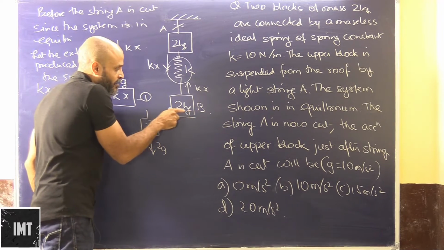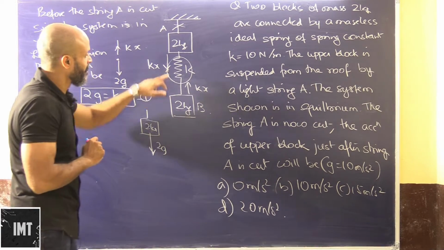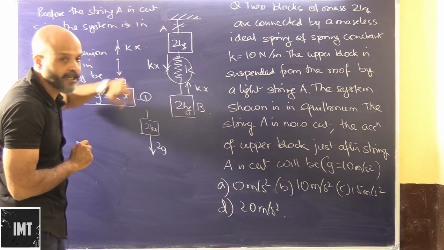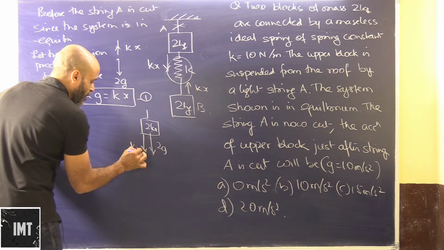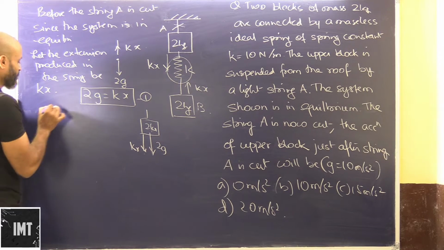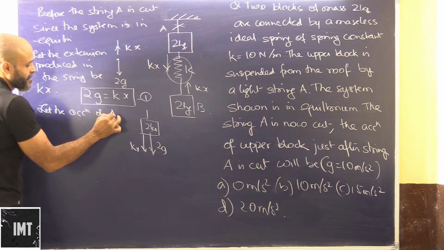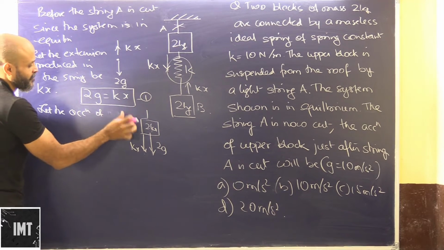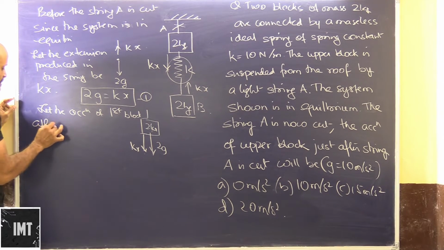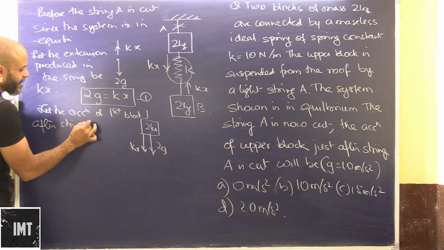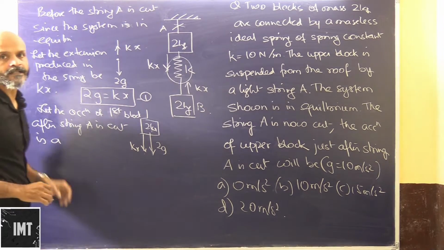Kx will be exerted on B from the block below, and kx will be exerted by the spring on block A from below as well. So let the acceleration of the first block after string A is cut be a.